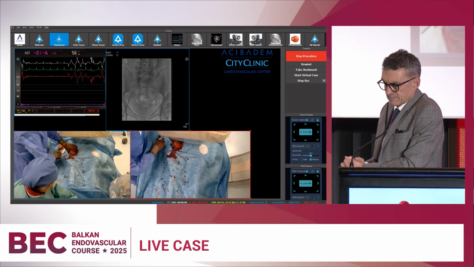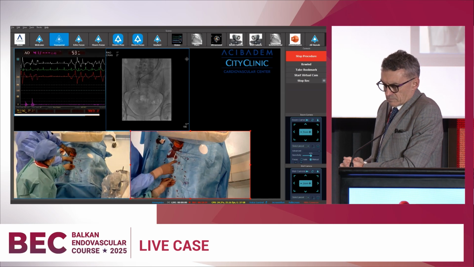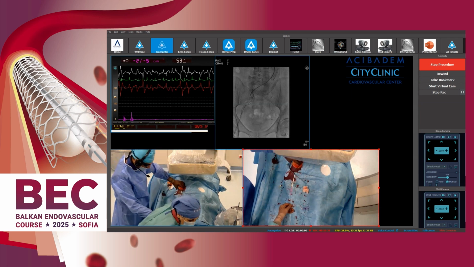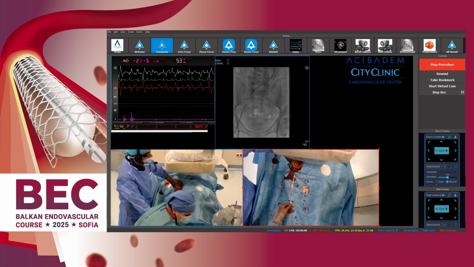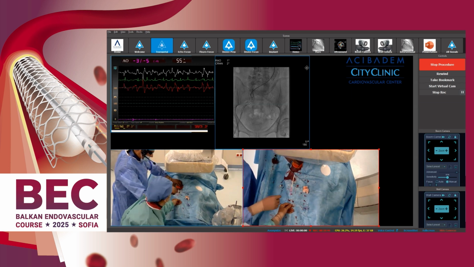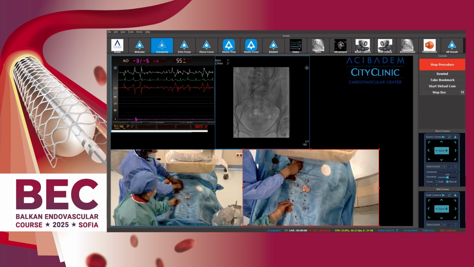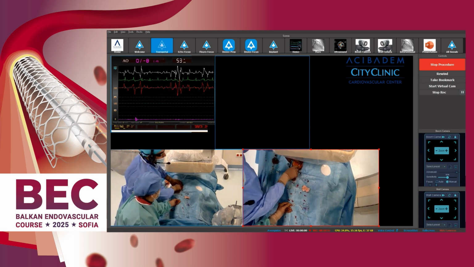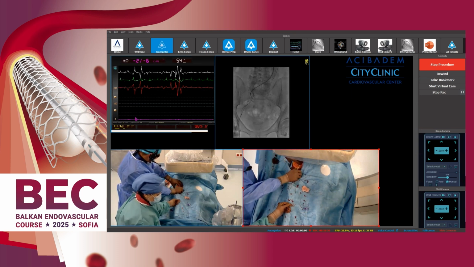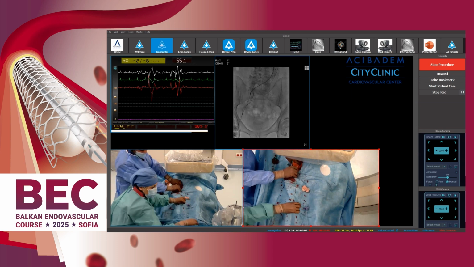We are going to the plan. We have a 5 French brachial approach, and plan B is to implant the Endurant sheathless from the right femoral approach. But this is one of the last patients with a surgical approach, and we have so much tissue resistance to put in the 40 French, so we are upsizing the sheath. We're now going with 10 French.